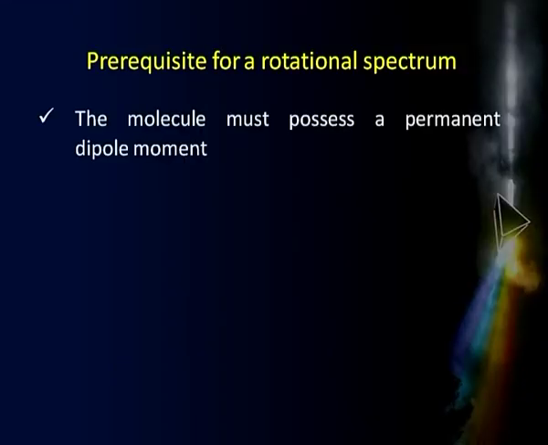Now, having seen the energy expression and the energy level diagram, the next thing is to understand the prerequisite for a molecule to show a rotational spectrum, because it is not that any molecule you take and interact with microwave radiation will give a rotational spectrum. It is not true. The prerequisite is that the molecule must possess a permanent dipole moment.